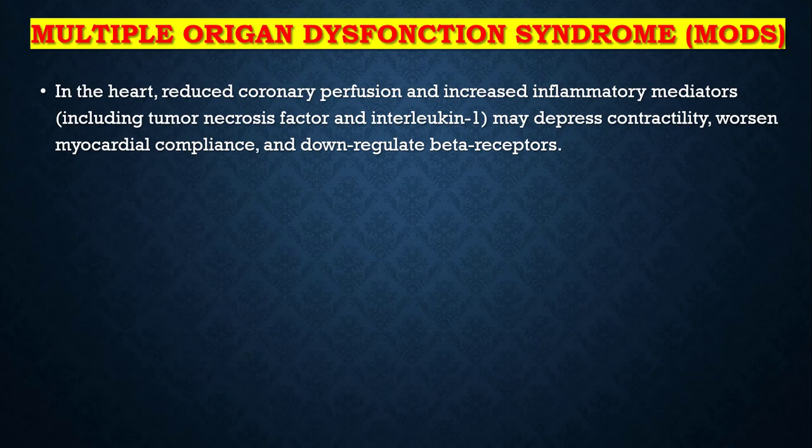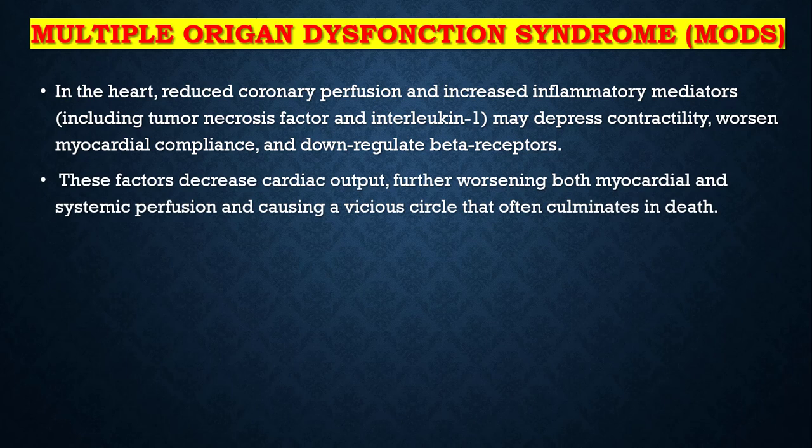In the heart, reduced coronary perfusion and increased inflammatory mediators, increased tumor necrosis factor and interleukin-1, may depress contractility, worsen myocardial compliance, and down-regulate beta receptors. These factors decrease cardiac output, further worsening both myocardial and systemic perfusion and causing a vicious circle that often culminates in death.